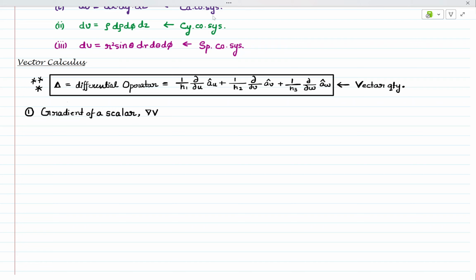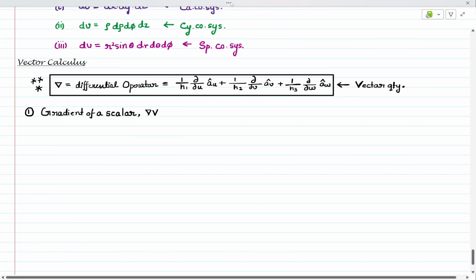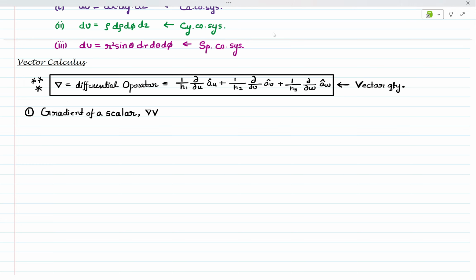Just one thing I want to mention here. This is not the normal delta; it is the inverted delta. The gradient of a scalar, del V, is what I am going to discuss first.